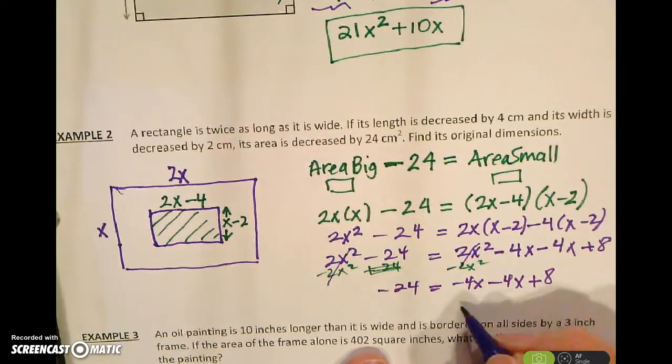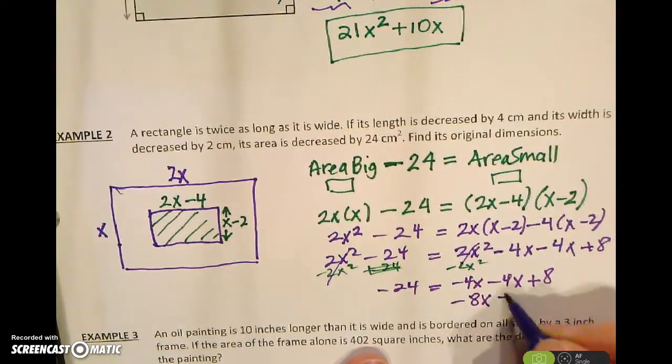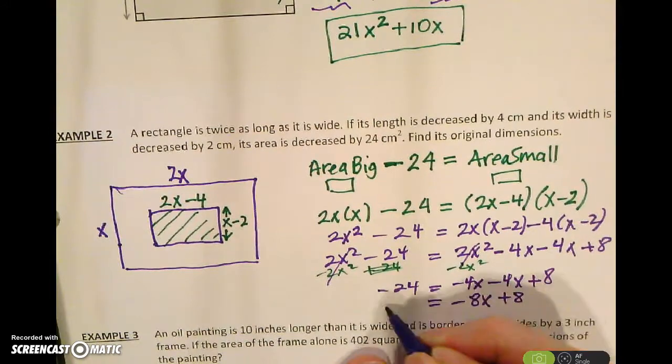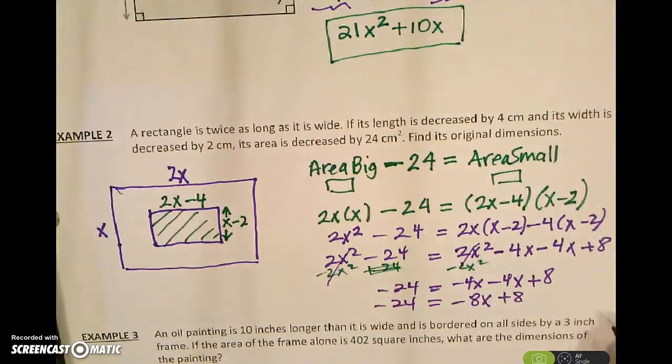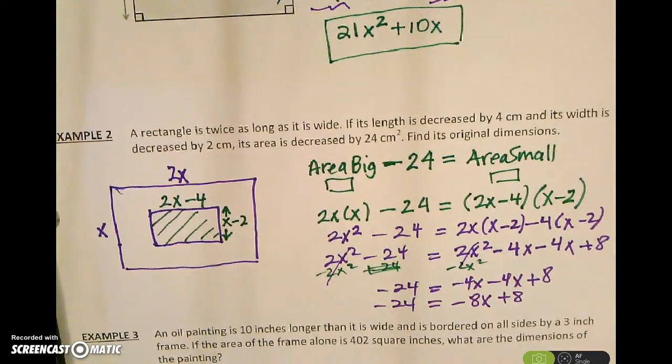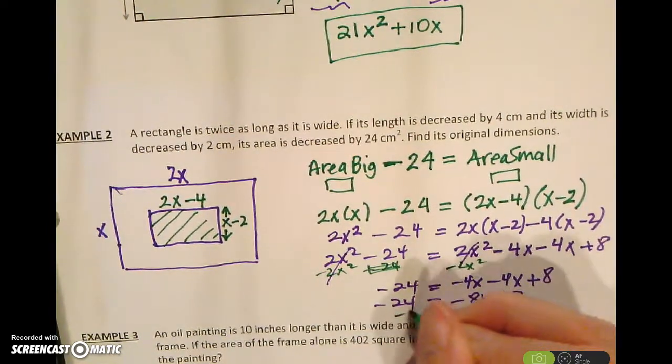So I'm going to combine these terms and get negative 8x plus 8 is equal to negative 24. I'm going to subtract 8 on both sides.